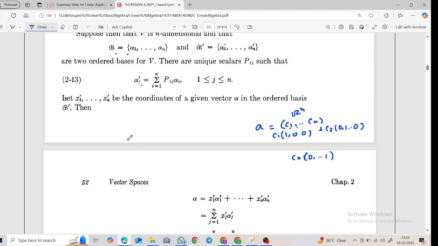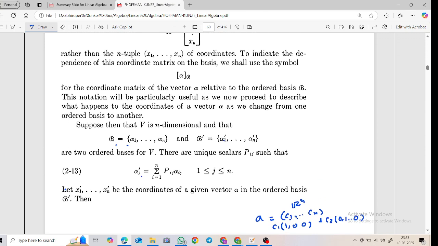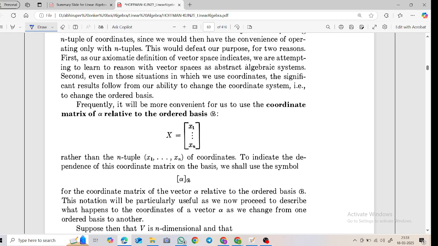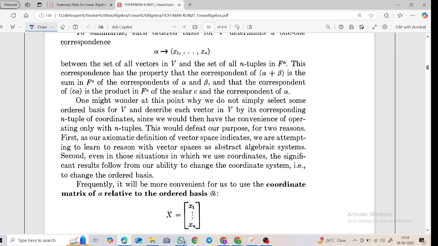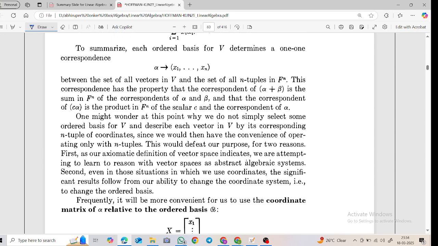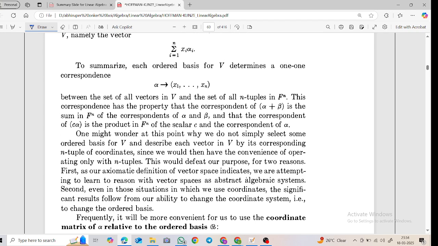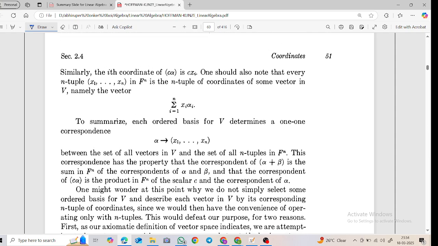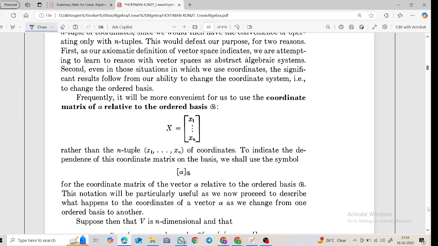So we are extending that concept when we write x1 prime to xn prime be coordinates of the given vector alpha in the ordered basis beta prime, that is alpha is this. Okay. And I think with respect to beta, some coordinates are given earlier. No, it's not. Okay, no, it is here. Okay, let's see. So this is the basis.